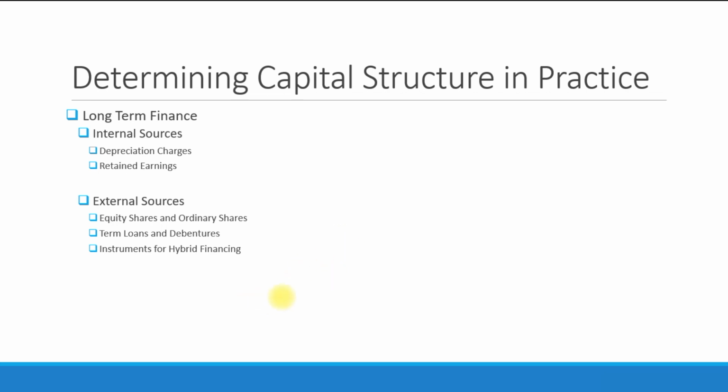Next is instruments for hybrid financing. Hybrid sources of financing have characteristics of both debt and equity financing and fall somewhere in between. The important hybrid financing instruments are preference shares or preference share capital, convertible debentures or exchange bonds, and warrants.